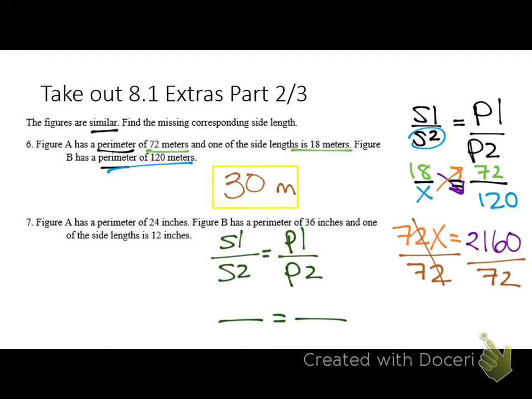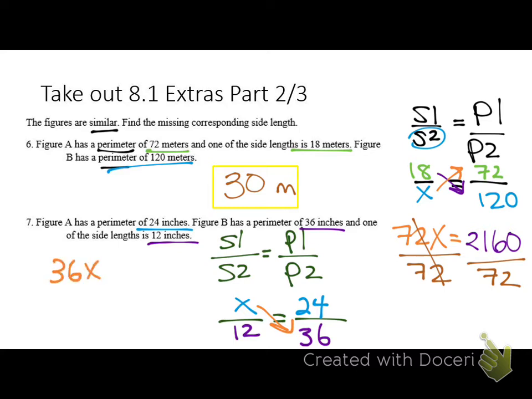What is the side from the first figure? We don't know it, so x. The perimeter from the first figure? 24. The side from the second figure? 12. And the perimeter from the second? 36. Cross multiply.